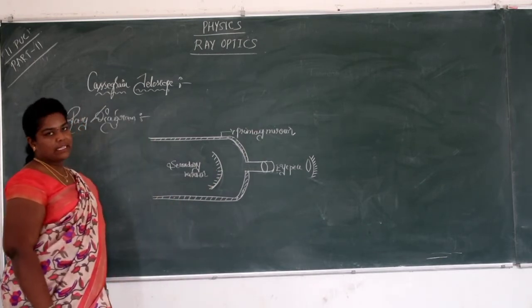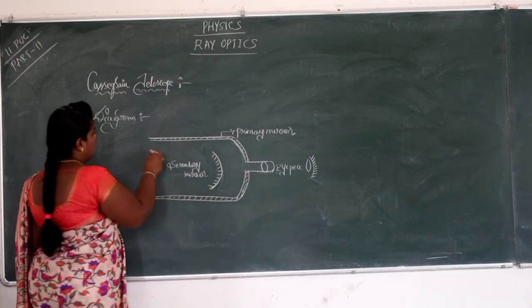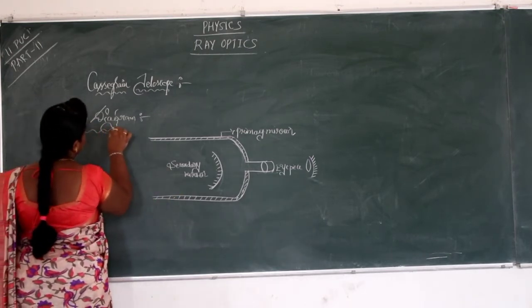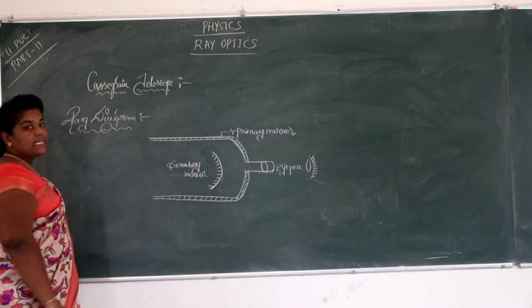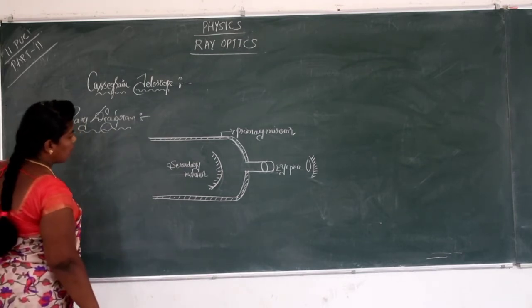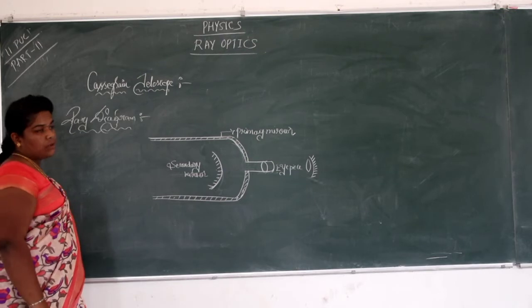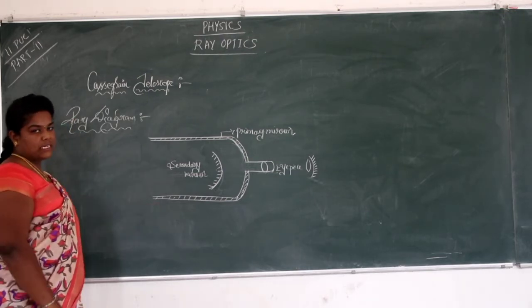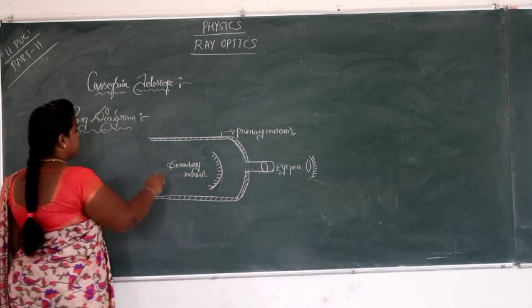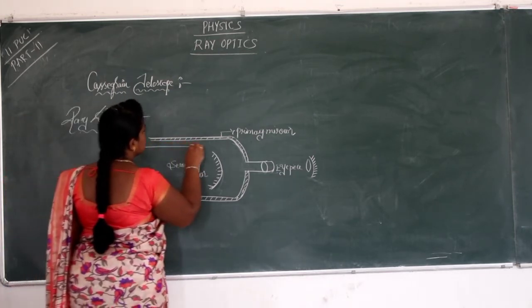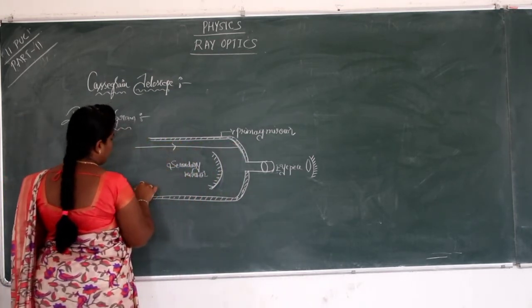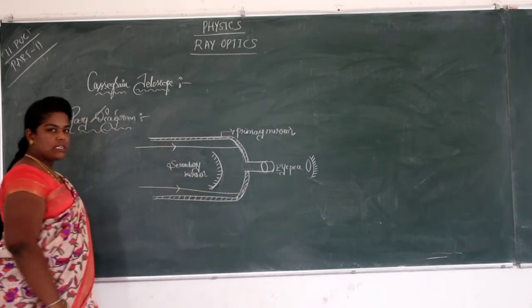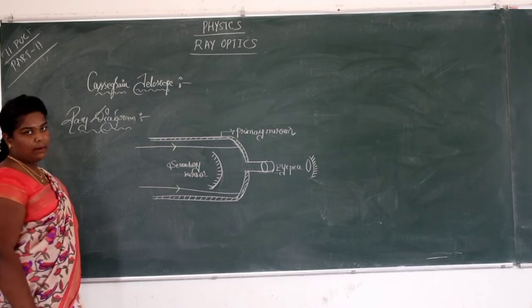Now let us see the ray diagram. Already I said that the telescope is used to observe very distant objects. Very distant means the object is very far away from the telescope, maybe at infinity, so far away objects always give a parallel beam of light rays. The parallel beam of light rays falls on the primary mirror.